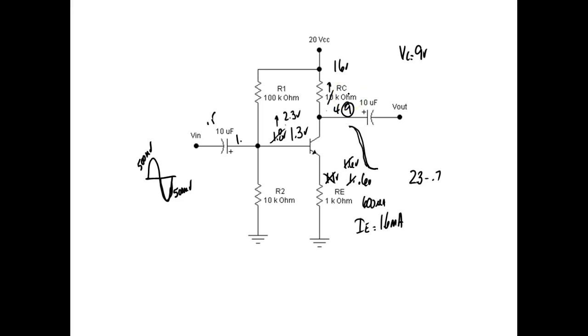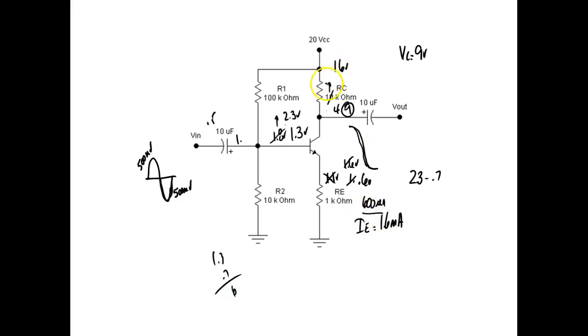Now follow me so far. If I lost anybody. 600 microamps. So how many volts is this guy right here going to drop? Is this right? So 1.3 minus 0.7 is 0.6 of a volt, 600 microamps.